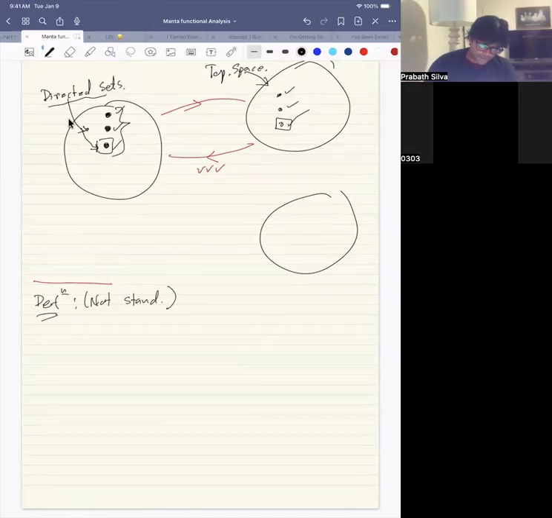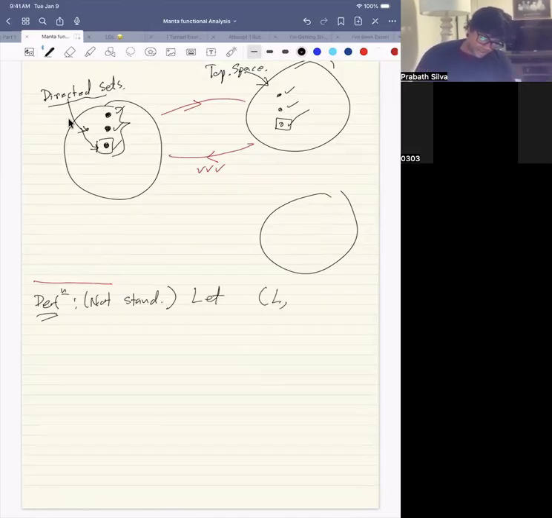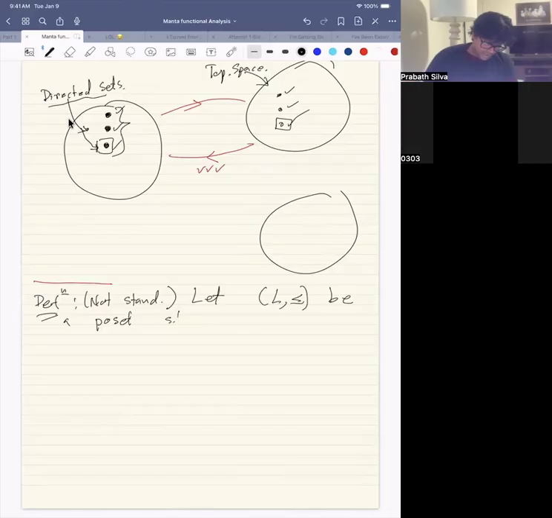So what we're trying to do is, let L tau be a partially ordered set such that, okay, what are the axioms for the topological space?